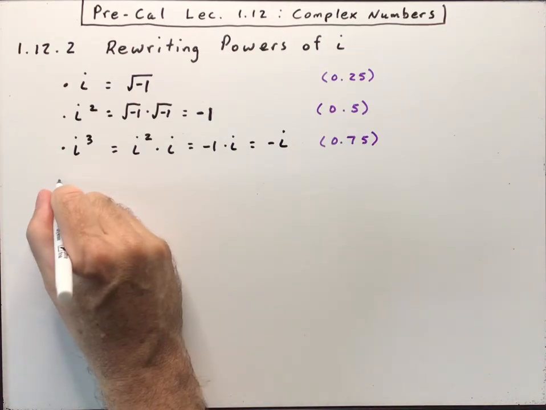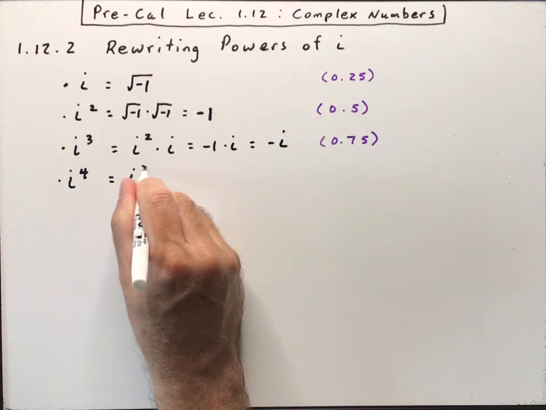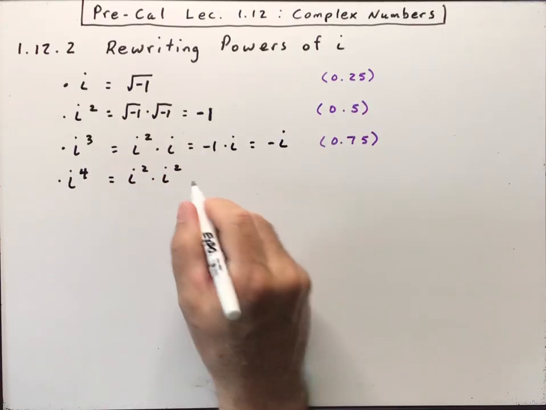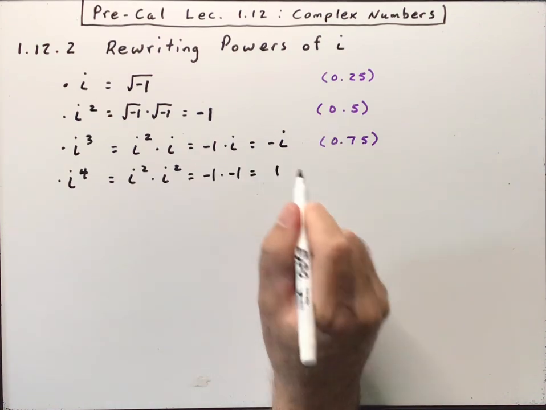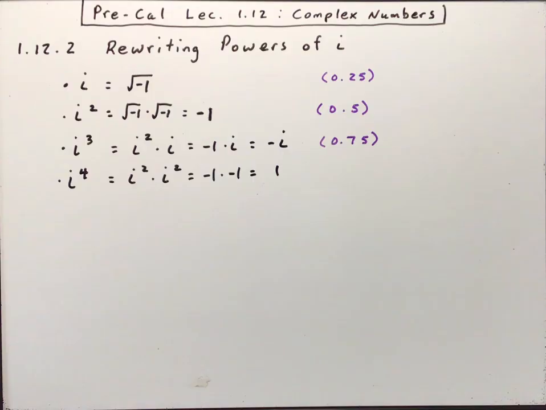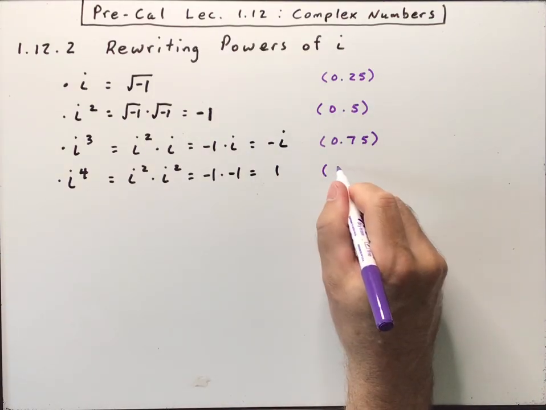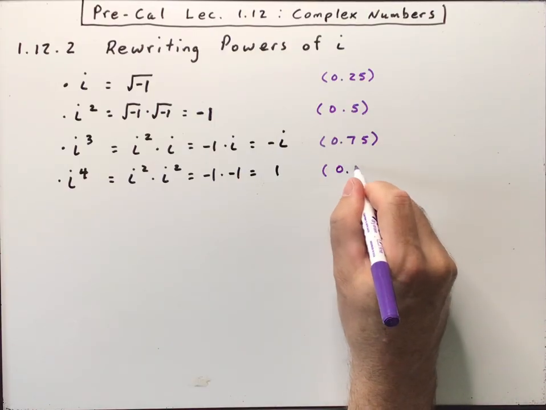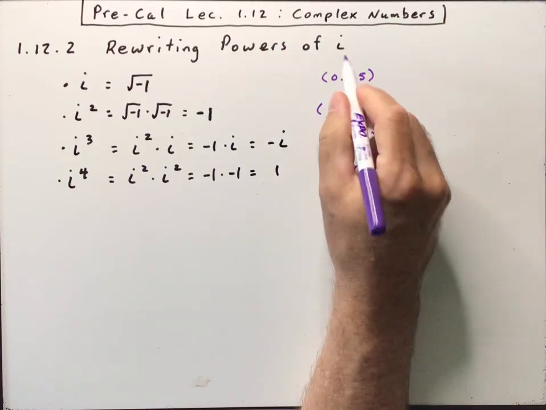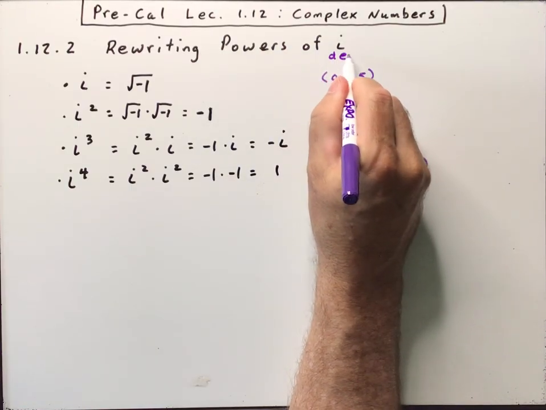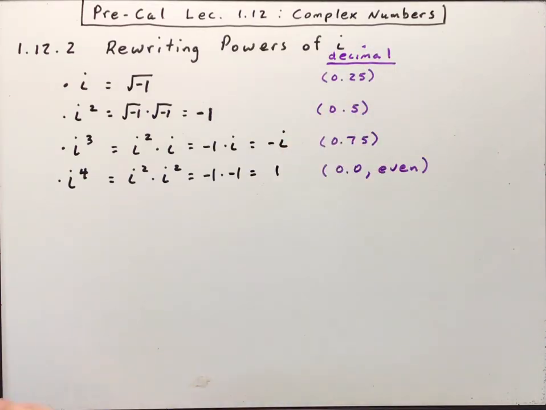And then i to the fourth would be i squared times i squared, which is going to be -1 times -1, which would just be 1. So i to the fourth is just 1. And that's just going to be 0.0 on your calculator. What I'm talking about here is the decimal on your calculator, and I'm going to explain that in just a second.